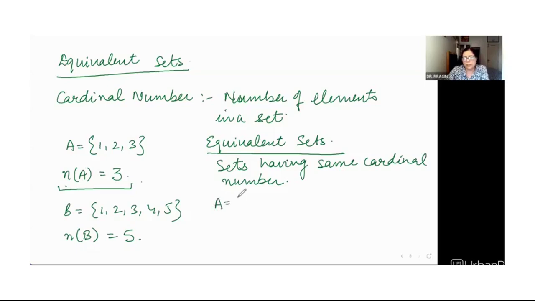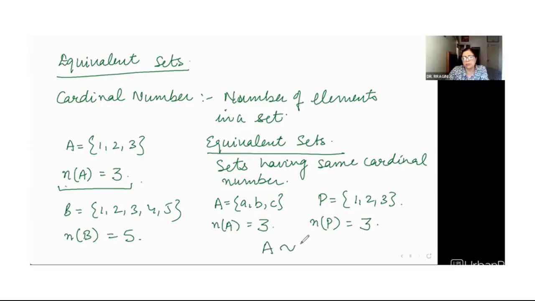So if I write set A as a, b, c, and set P as 1, 2, 3. What is n of A? n of A is 3. Number of elements in set P is also 3, right? So we can say A is equivalent to P. Here we only have to consider the number of elements, right? So these are equivalent sets.